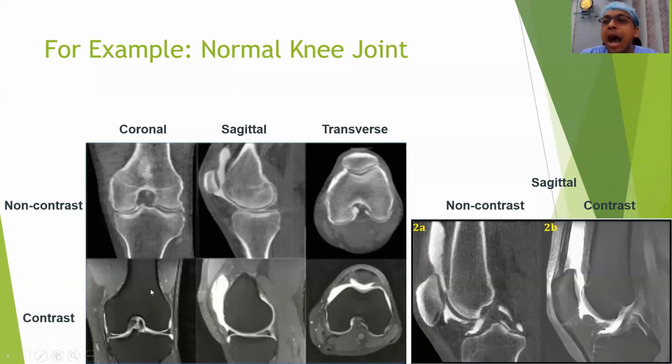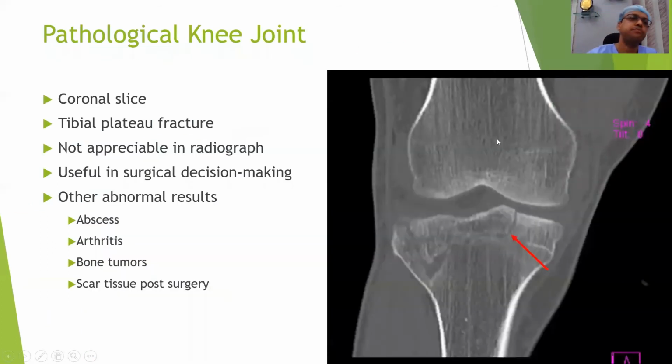They mostly use iodine, and there are other types of chemicals that they can also introduce in the body to enhance the soft tissue structures. All right, got it? So again, non-contrast versus contrast, and the contrasting shades will vary depending on the contrast medium introduced within the body system.